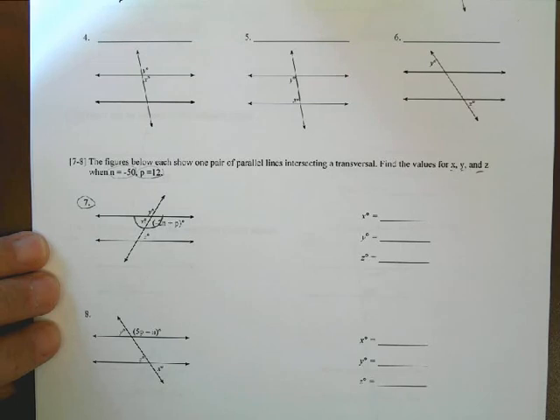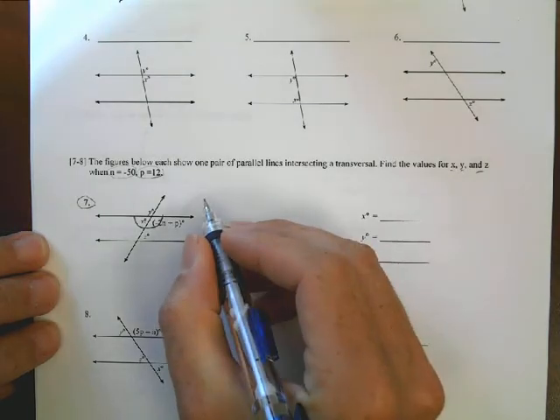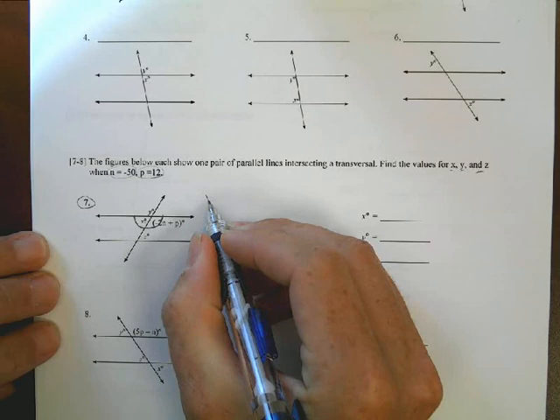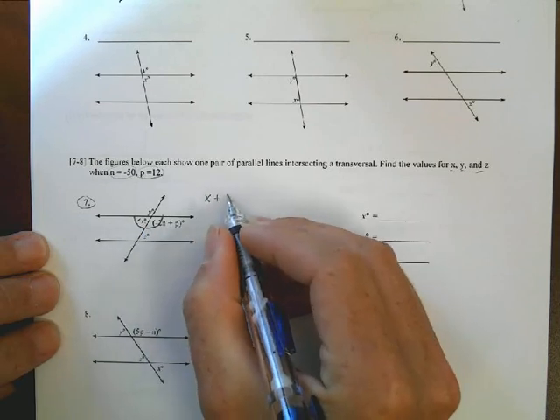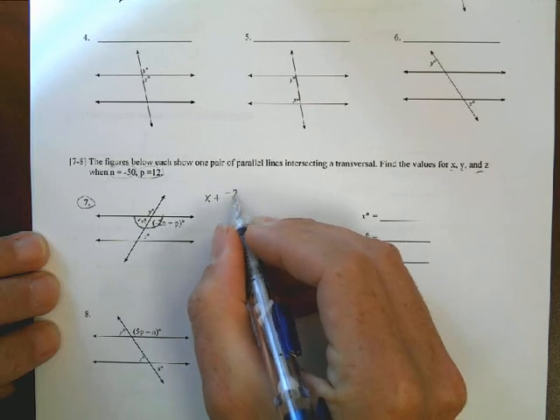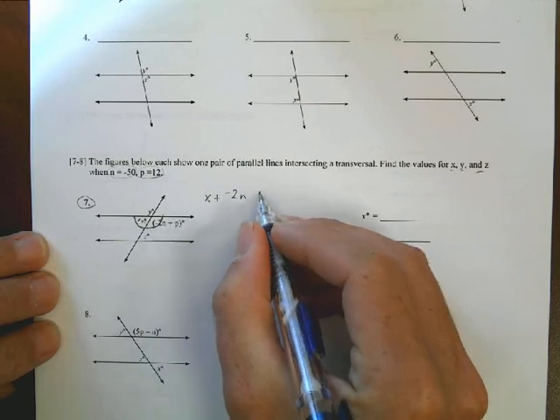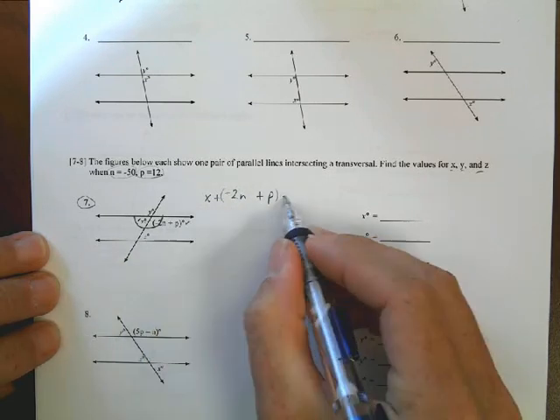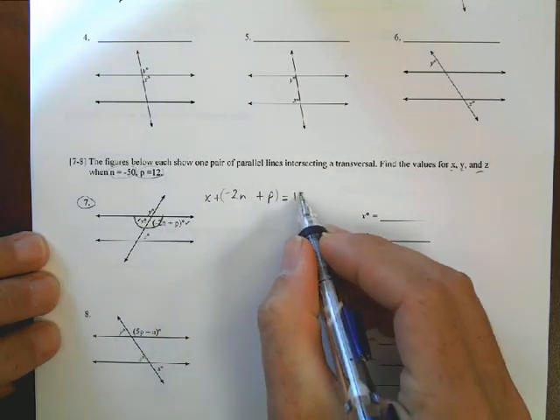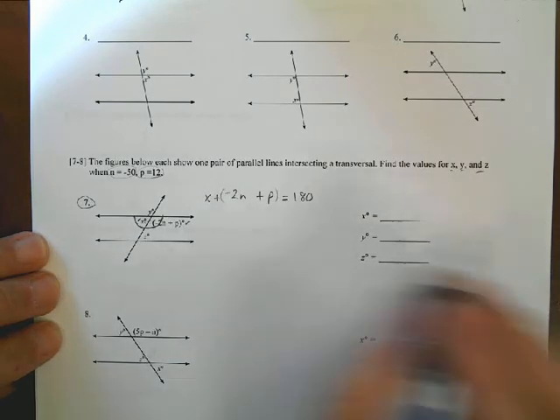I write down x, because that's this one here, and if I add to it the negative 2n plus p for that piece right here, those things combined should equal 180 degrees. Alright, so that's how I start.